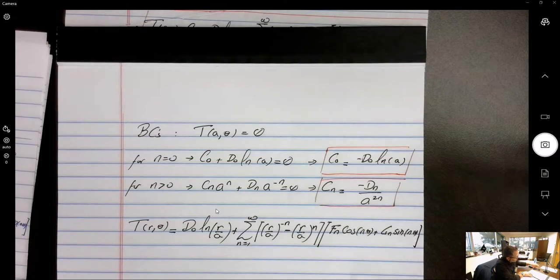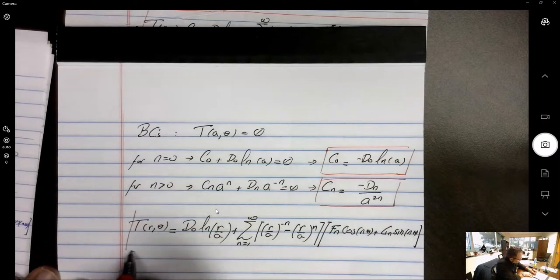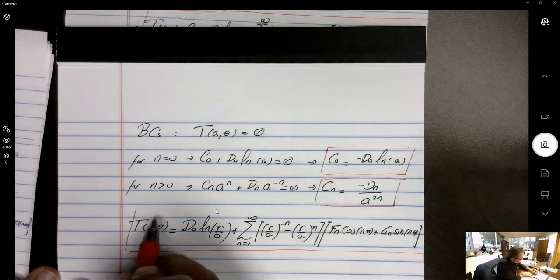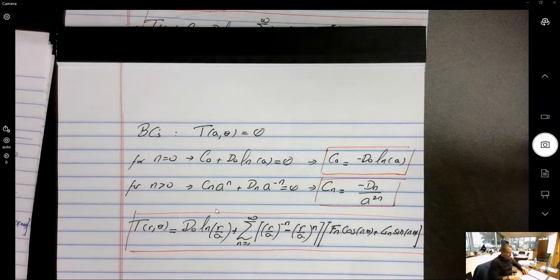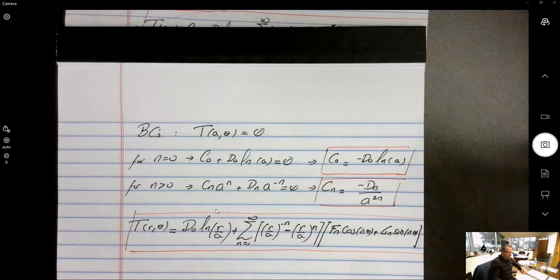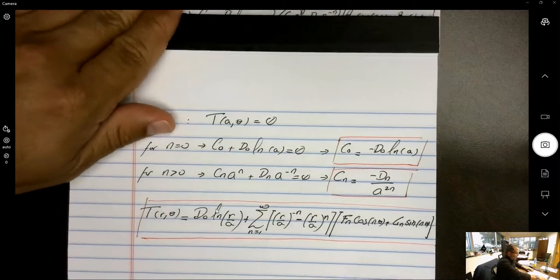And that is the new general solution. We still have to find D0, F, and G. And we do that by the same exact process that we did in the previous example.